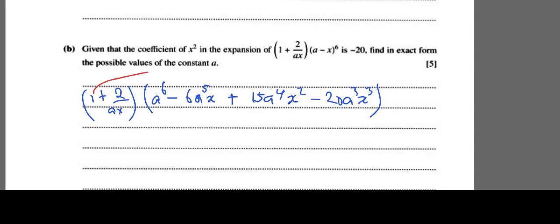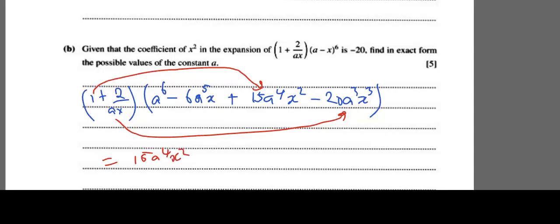So we do this, and then we take the coefficient 2 divided by ax to 20, such that we are going to have 15 a power 4 x squared plus now 2 divided by ax multiplied by negative 20 a cubed x cubed.